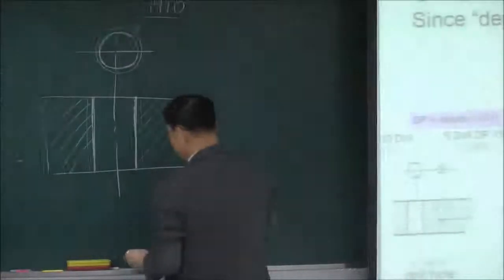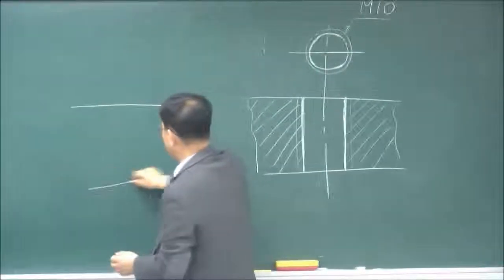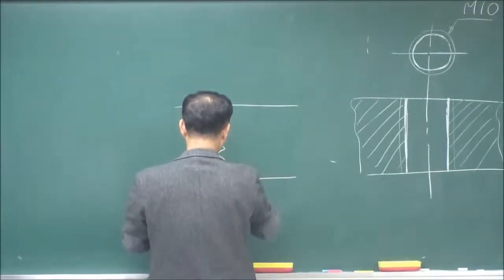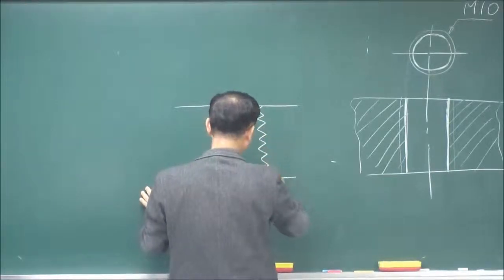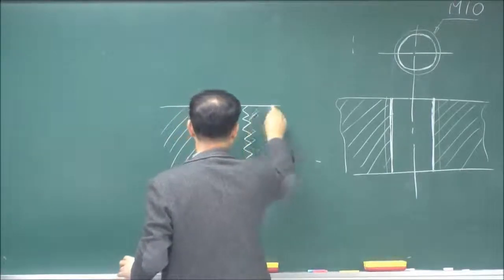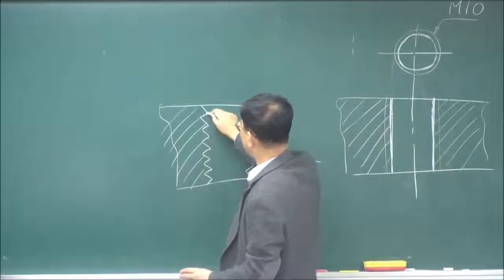The actual view is something like this. Since the thread is inside, if you obey perfect projection rules, then it should be drawn like this.